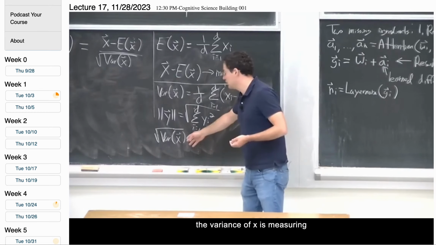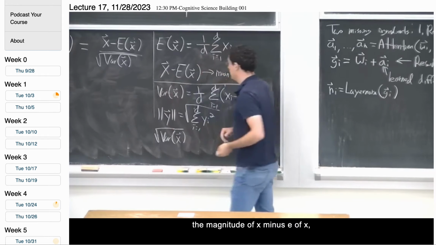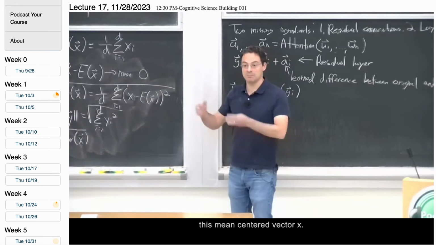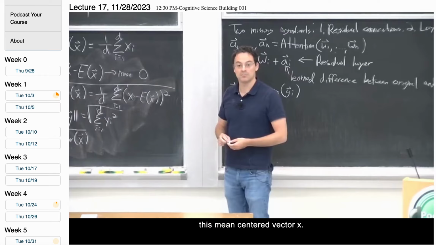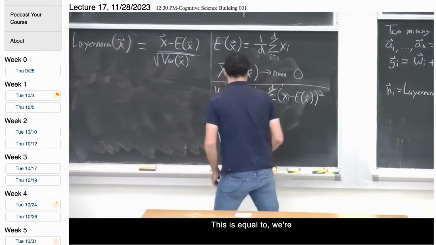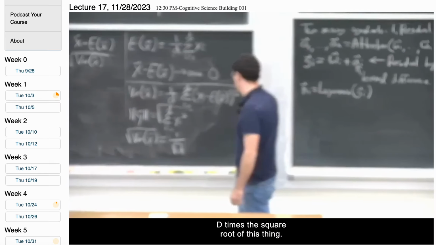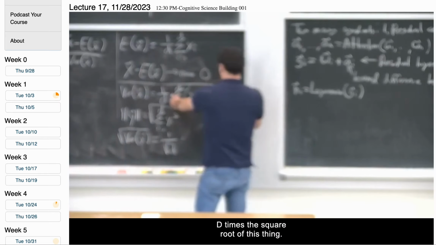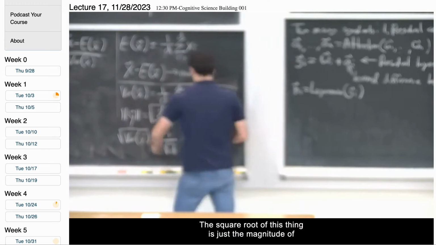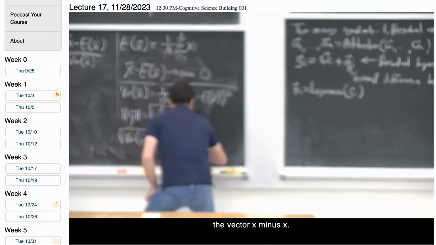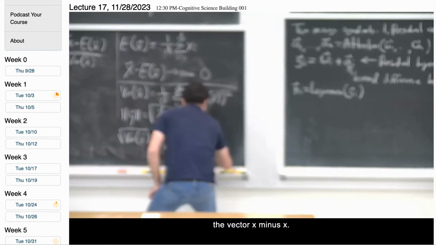The variance of x is measuring the magnitude of x minus E of x, this mean-centered vector x. So we're taking the square root of this thing, so it's going to be 1 over square root of d times the square root of this thing. The square root of this thing is just the magnitude of the vector x minus E of x.